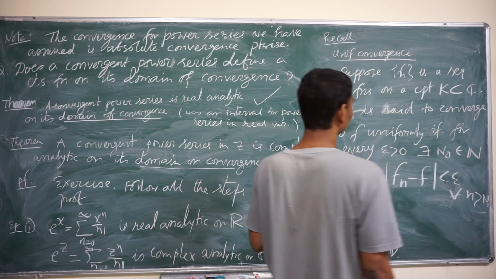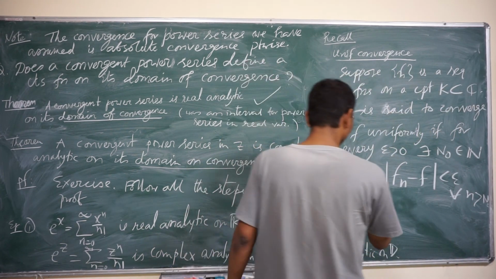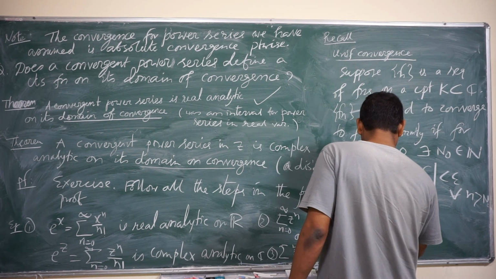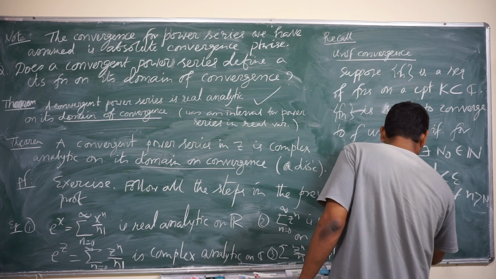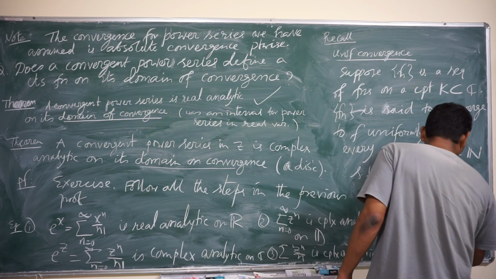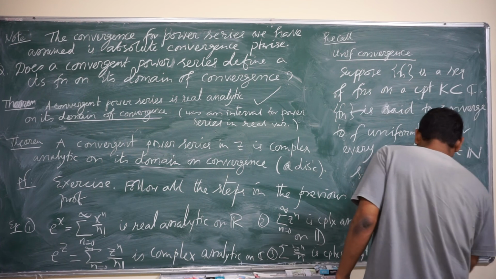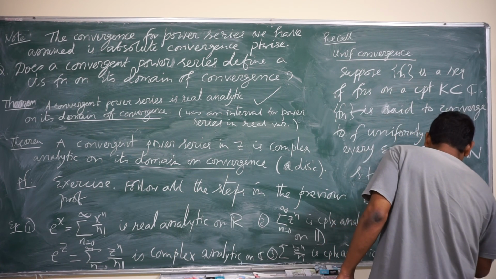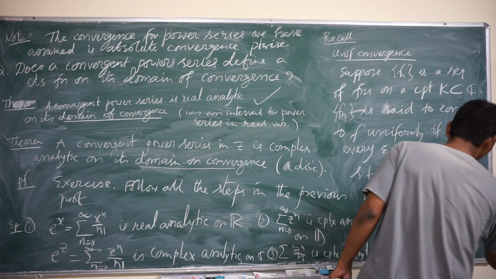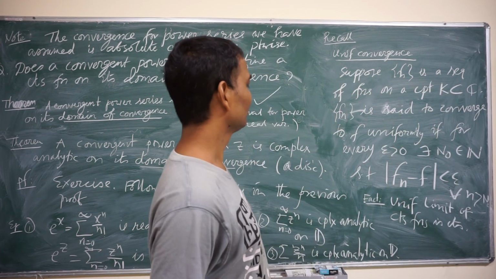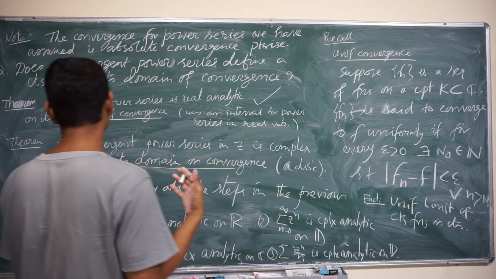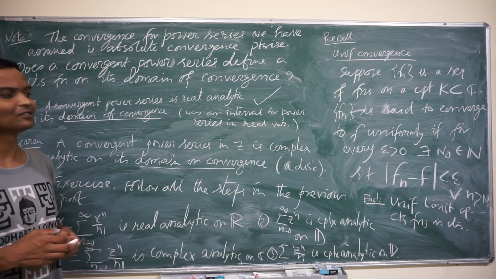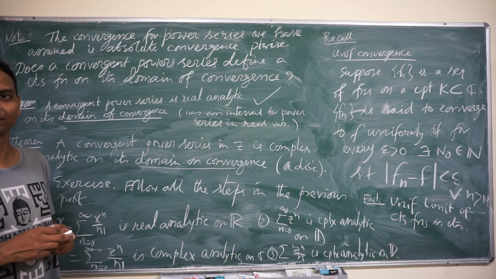Alright. So the important point is that a uniform limit of continuous functions is continuous. If we show that a power series converges uniformly on every compact subset of its domain of convergence, then we get continuity for free.